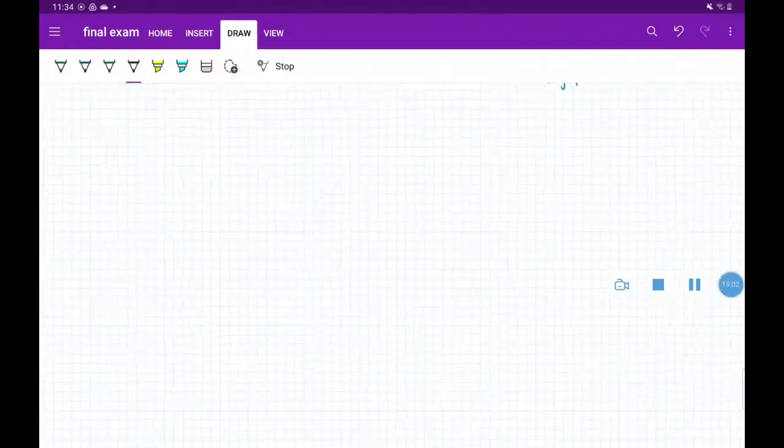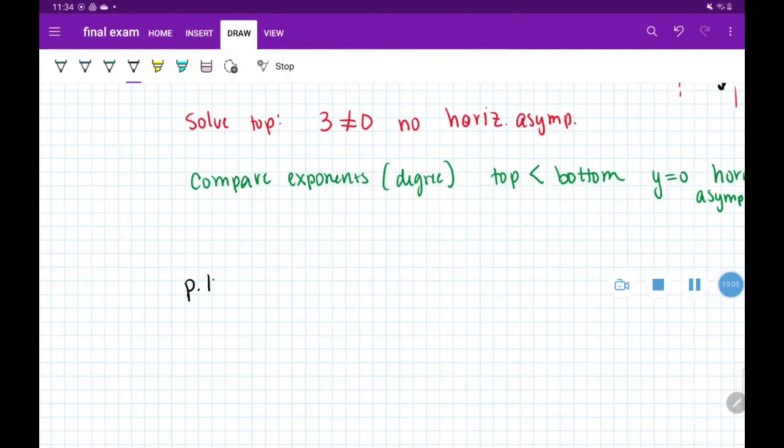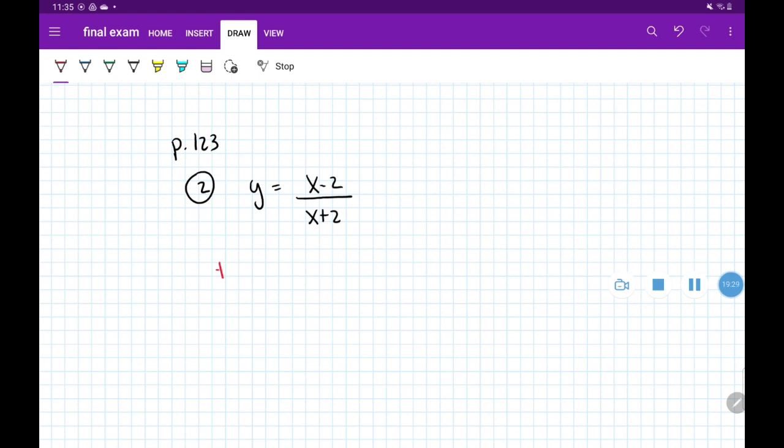123, number 2. Okay. Nope, solve the bottom first. Then solve the top.